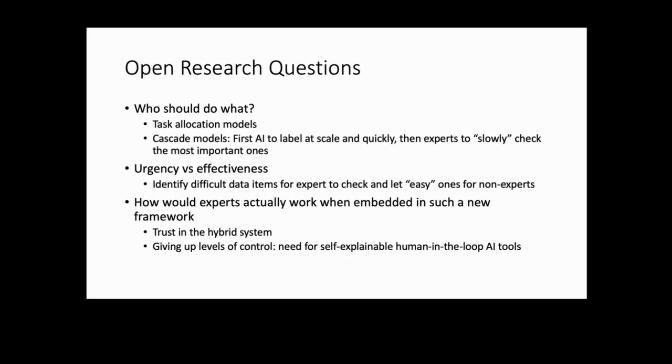So how do we get these systems in place so that experts are also able to work with them in a way that they have never done before? All these experts in any domain are not used to working together with AI tools. So now if they are in the loop, how would their working processes change and adapt to such a scenario?